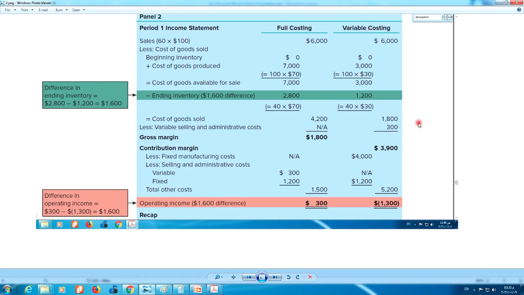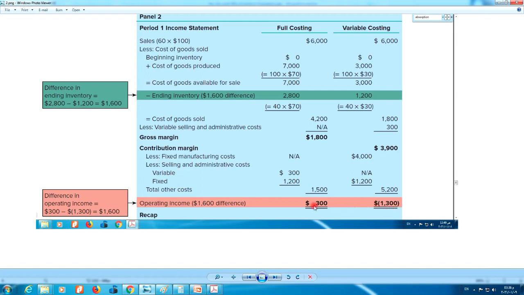On variable costing, we subtract all variable cost, still all fixed cost. So fixed manufacturing cost and fixed selling and administrative, 4,000 plus 1,200, subtracted from the contribution margin to equal the operating income.